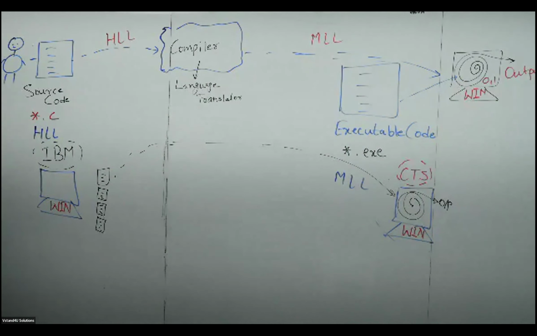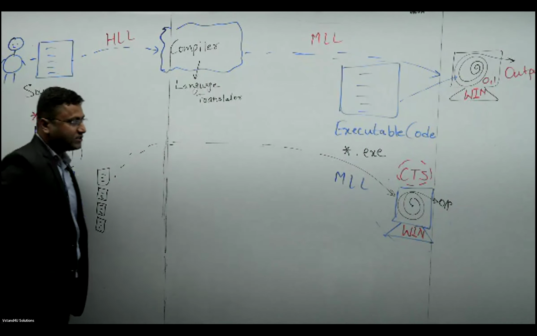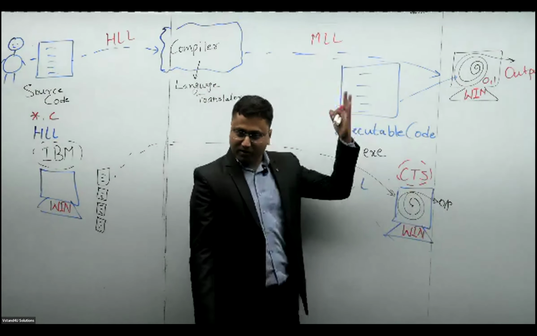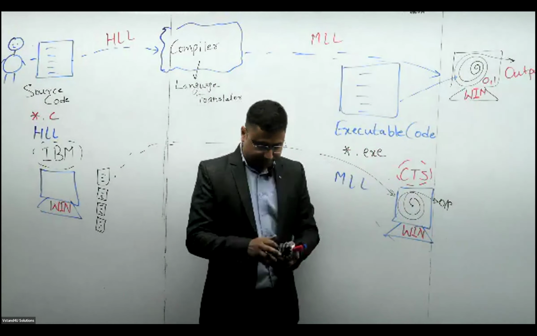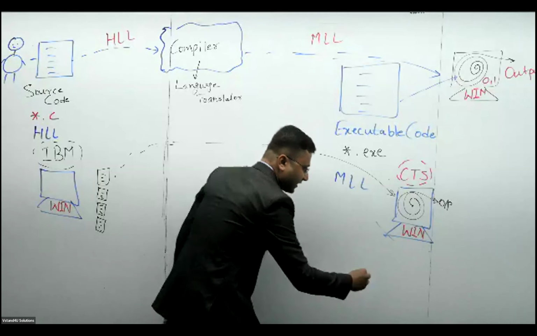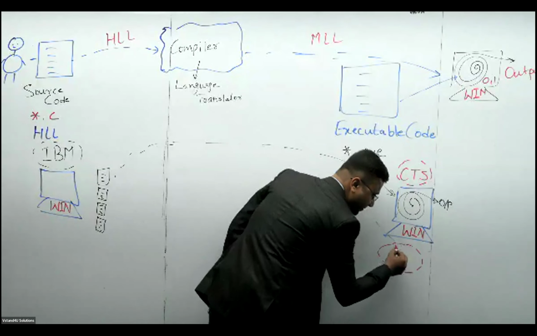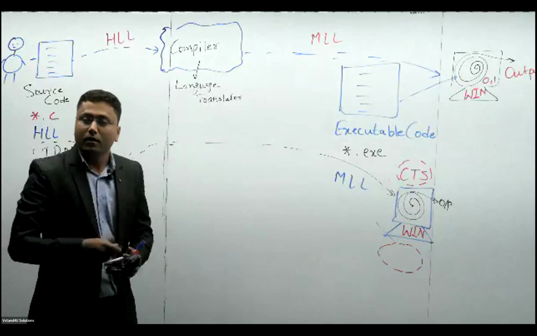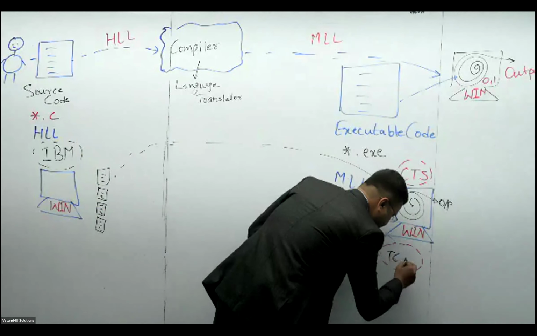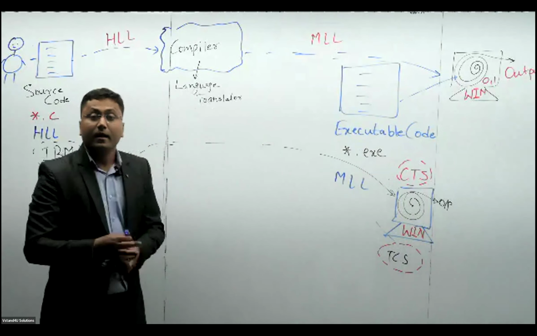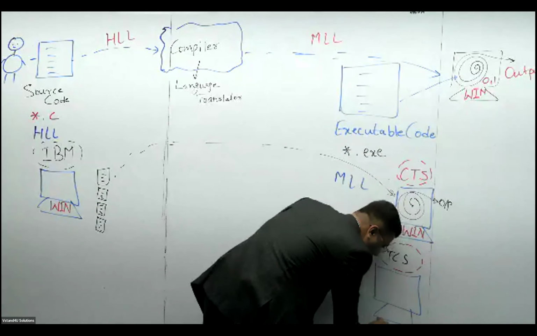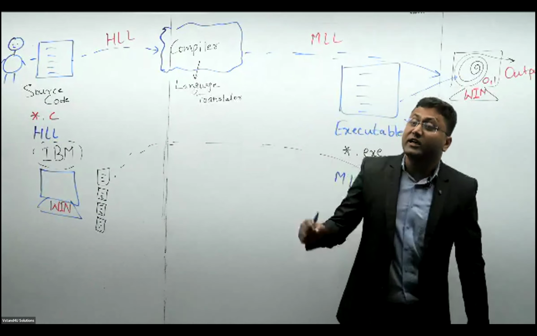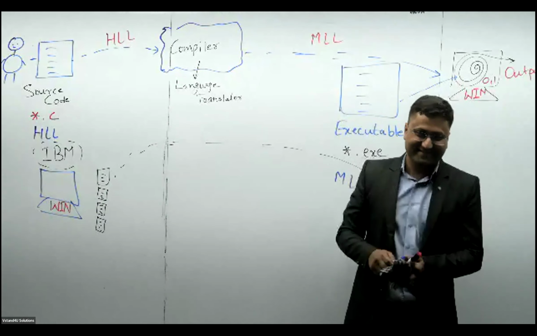Let's focus. Most important: things are working very well, and CTS has built so much revenue because of our software application. Other people got to know. Some other company, say TCS, Tata Consultancy Services, whose revenue is more than the GDP of Pakistan itself.